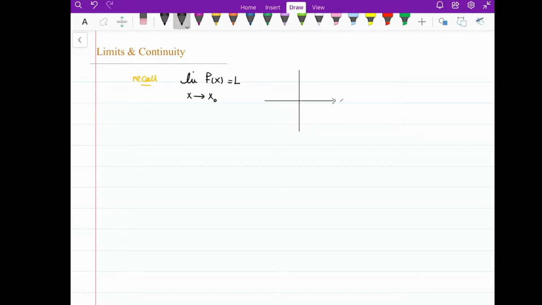This is the x-axis, this is the y-axis, and I have just the parabola like this, y equals x squared. Then we say that, for example, at the point 2 we want to find the limit of f of x as x goes to 2.